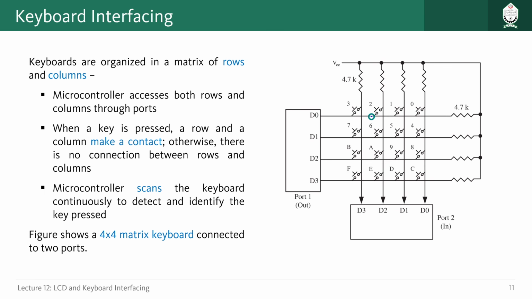And you will see for each of the rows and columns, all the 4 rows here are connected with supply voltage VCC 5 volt through a resistor of 4.7k. Same can be said for columns as well. You see the 4 columns are connected with VCC through a resistor.